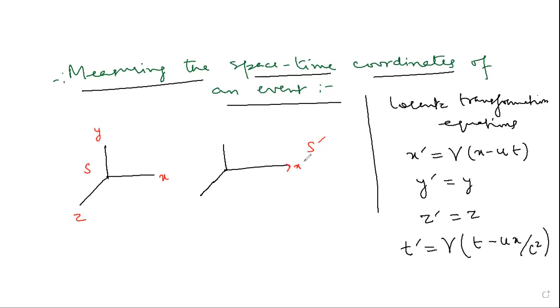Let me make the figure first. x prime, y prime, z prime. So one observer is S, second observer is S prime. Now they observe some event. We have discussed it already. There is some event and they observe it.